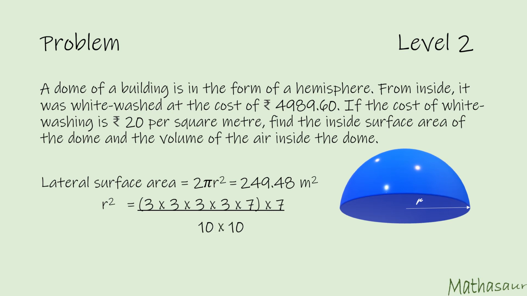So we get 2 pairs of 3's and a pair of 7 in the numerator. We also have a pair of 10 in the denominator. Now finding out the square root on both the sides, we get r is equal to 3 times 3 times 7 divided by 10. Or the radius is 6.3 meters.